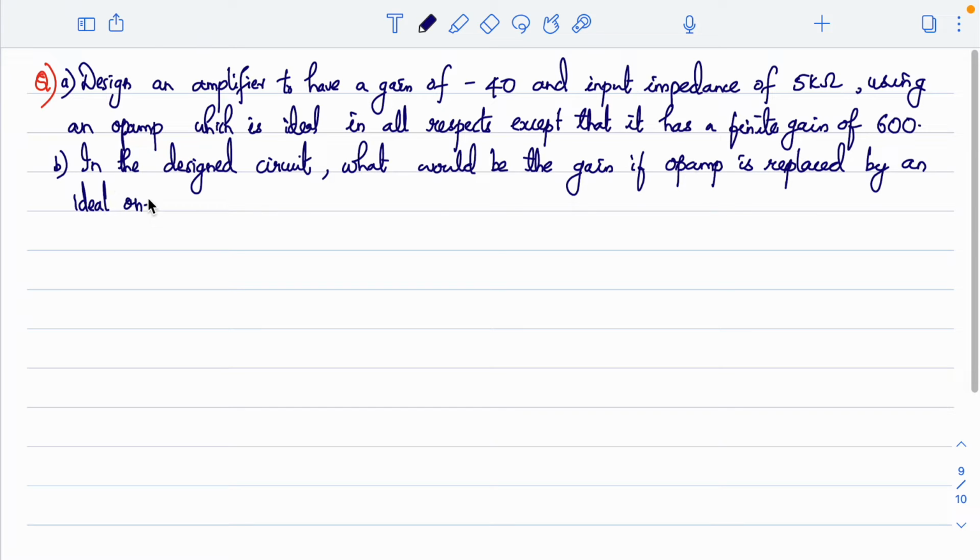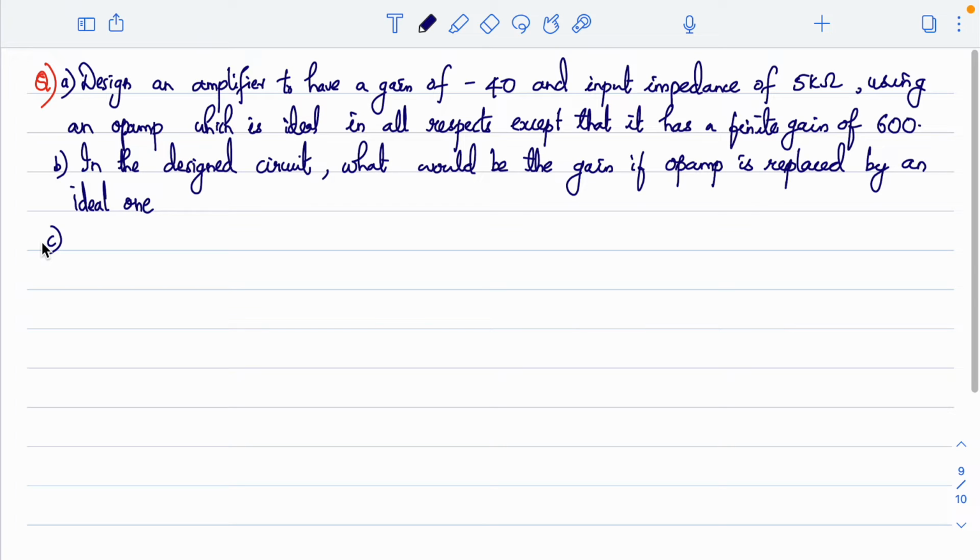So you have designed a circuit now, but part A says the op-amp's open loop gain is not infinity. The second part asks, in the designed circuit, if the op-amp had infinite open loop gain, what would be the gain?